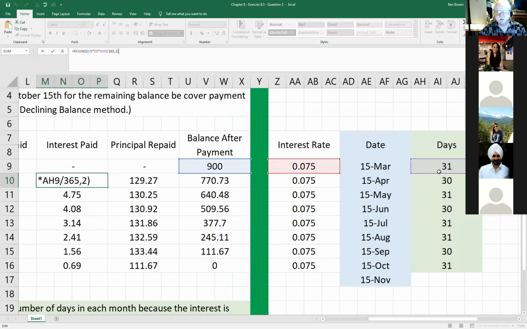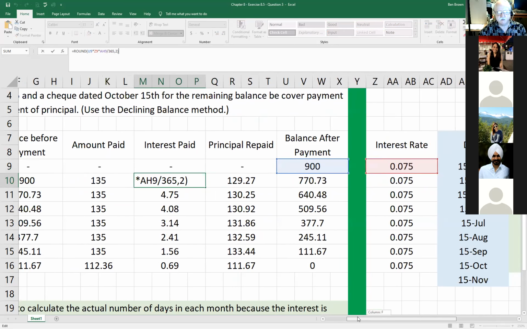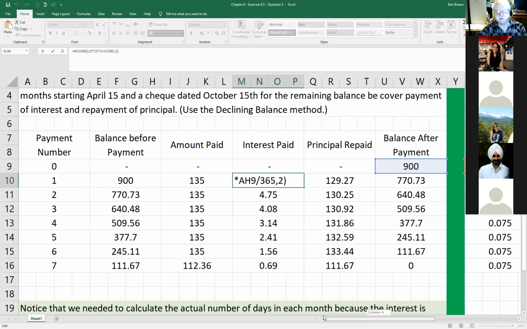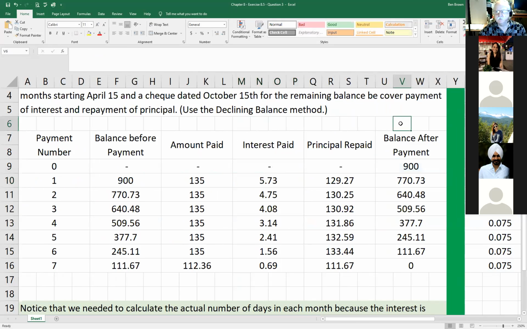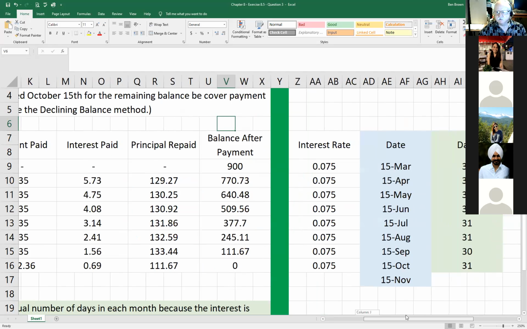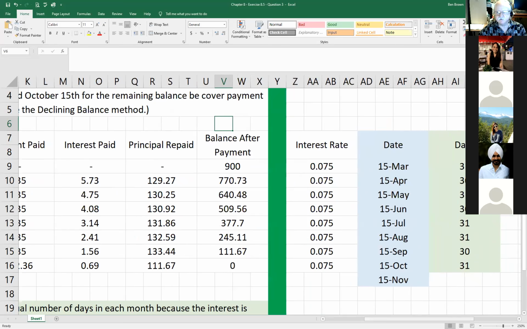The same calculation we had to do when we did the other declining balance method calculation, but now I've programmed it into Excel. And I can send you this Excel spreadsheet. I don't think I've sent it to you already, but I will send it to you so you can sort of examine the details of how this worked.